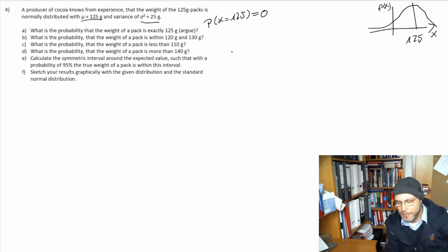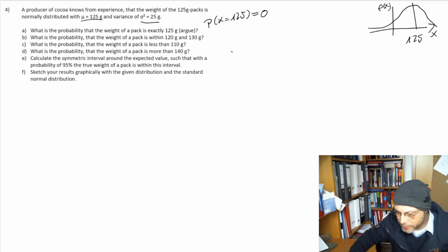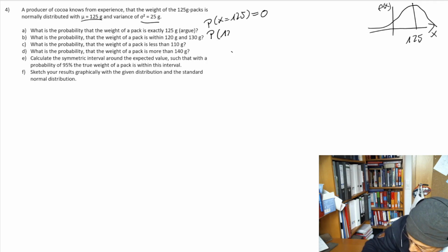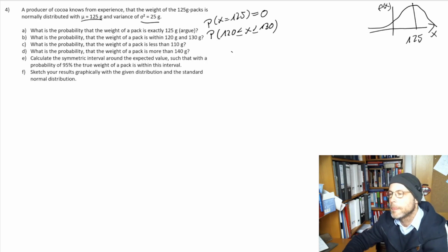But this is anyway more from a philosophical point of view. Then let's go to practice, and we want to know the probability that 120 is smaller than x is smaller than 130. What do we do here?